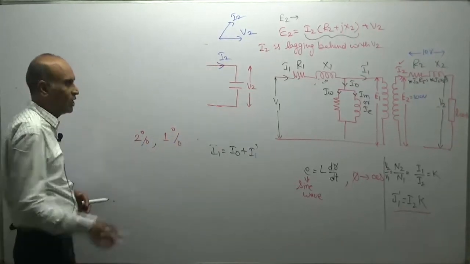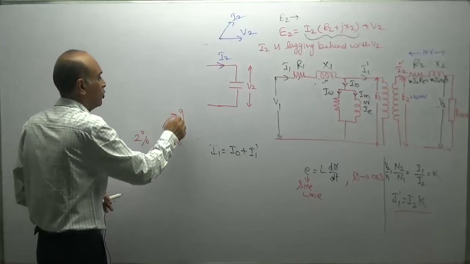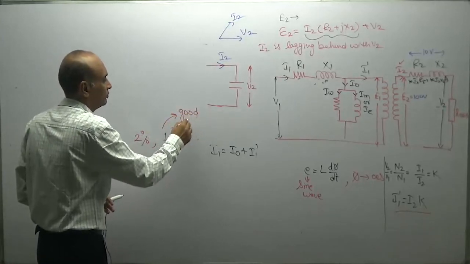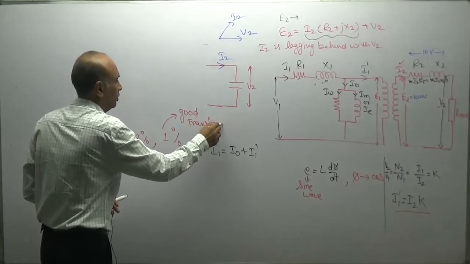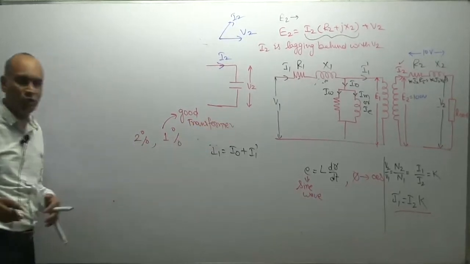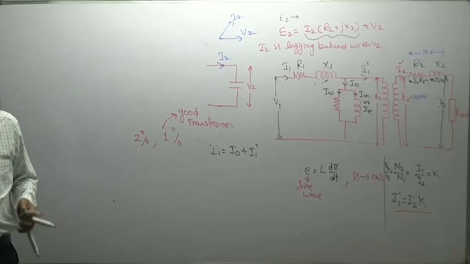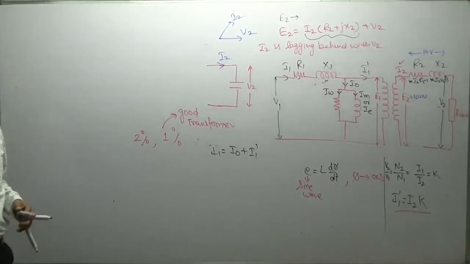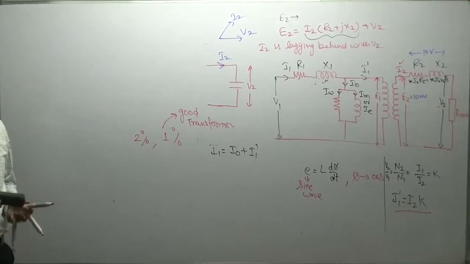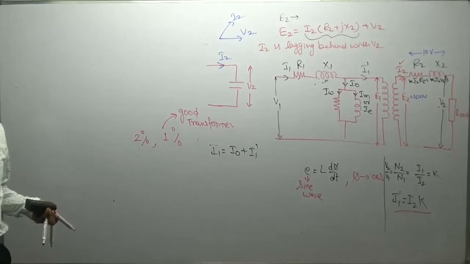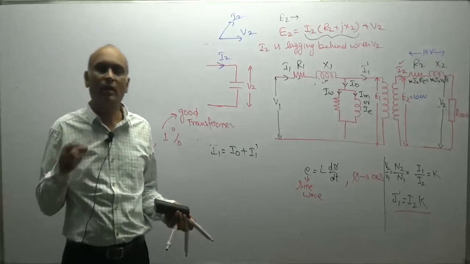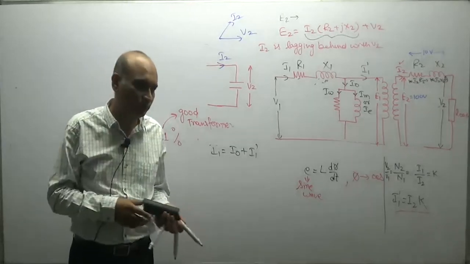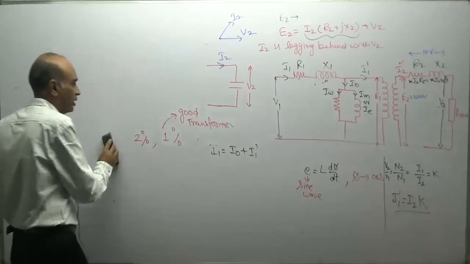Which is a good transformer? It is a good transformer. So voltage regulation should be as low as possible and efficiency should be as high as possible. If the losses are having very low value, then efficiency should be high. So we will discuss it now.